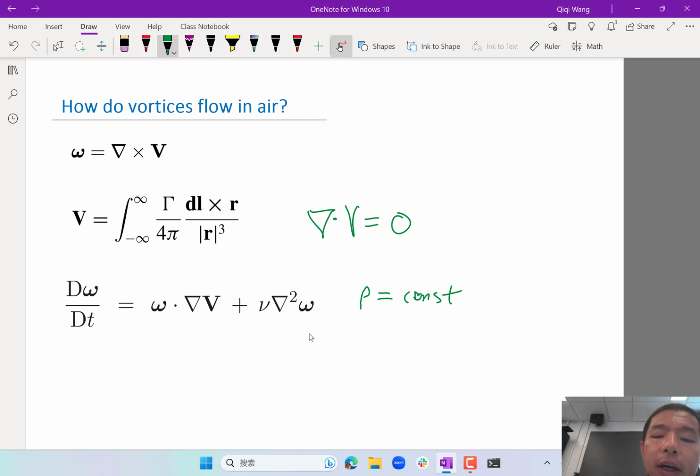We'll defer the analysis of the rho not equal to constant case to a compressible flow section. So the equation becomes a little bit more complicated, but not that much more complicated for compressible flows. What you see here is that there is a source term. There is a term that is like the diffusion of vorticity.